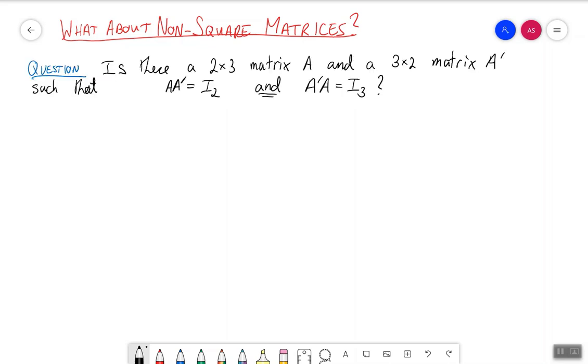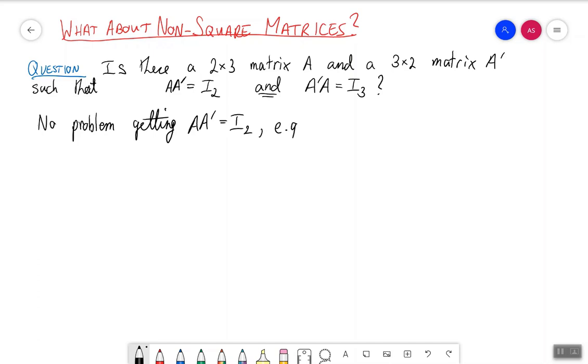Is there a 2 by 3 matrix A and a 3 by 2 matrix A prime such that A times A prime is the 2 by 2 identity matrix and A prime times A is the 3 by 3 identity matrix? There's no problem getting A times A prime equal to the 2 by 2 identity matrix.